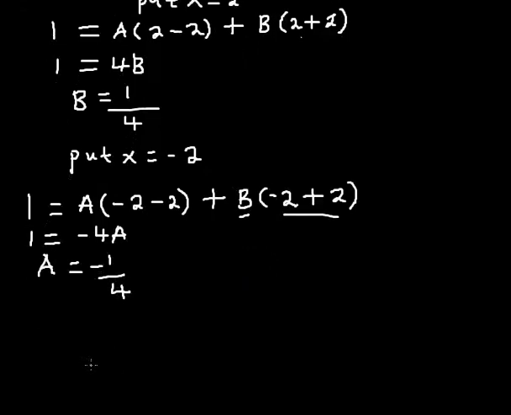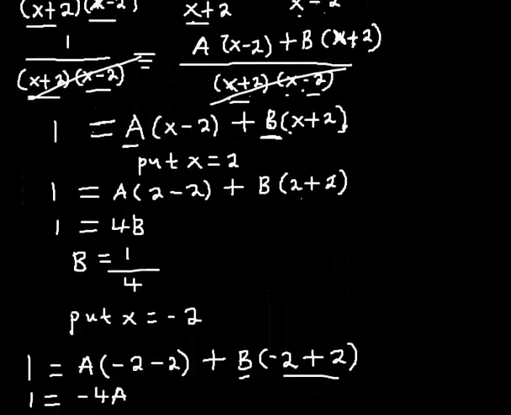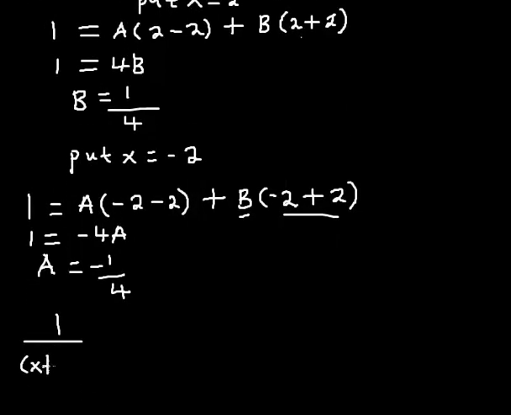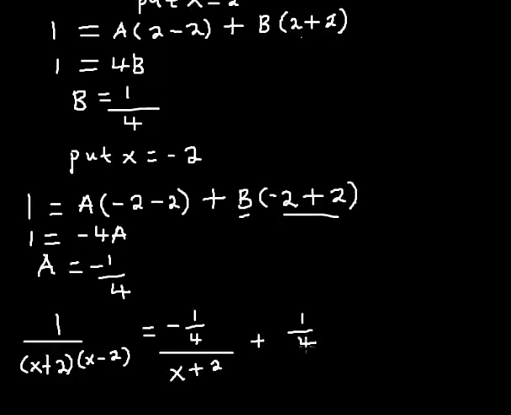So invariably, I can now say that the fraction 1 all over x plus 2 times x minus 2, that was my original fraction, if I split it into partial fractions, I'll have a, which of course is -1 all over 4, divided by x plus 2, then plus b, which is 1 all over 4, divided by x minus 2.